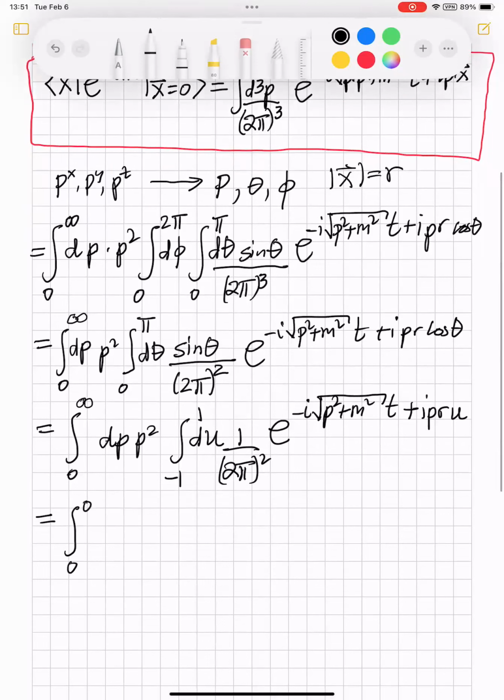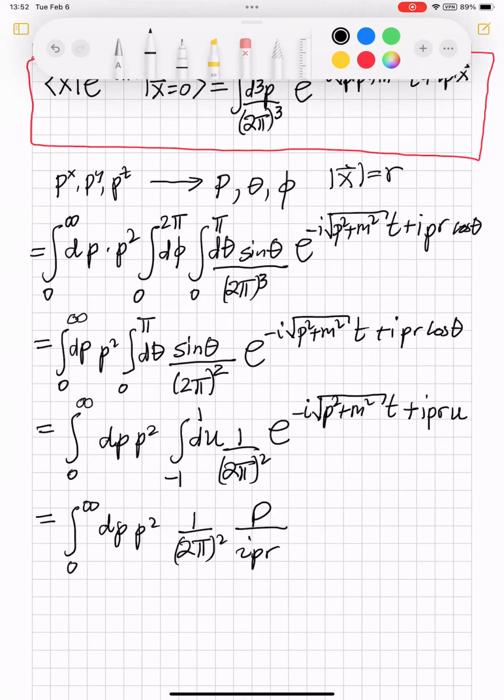So this now becomes an integral from naught to infinity, dp, p squared. Then we'll have a 1 over 2 pi squared. The integral of e to the iPru with respect to u will give us a 1 over iPr. And then we just need to evaluate the integrand between u equal to 1 and u equal to -1.